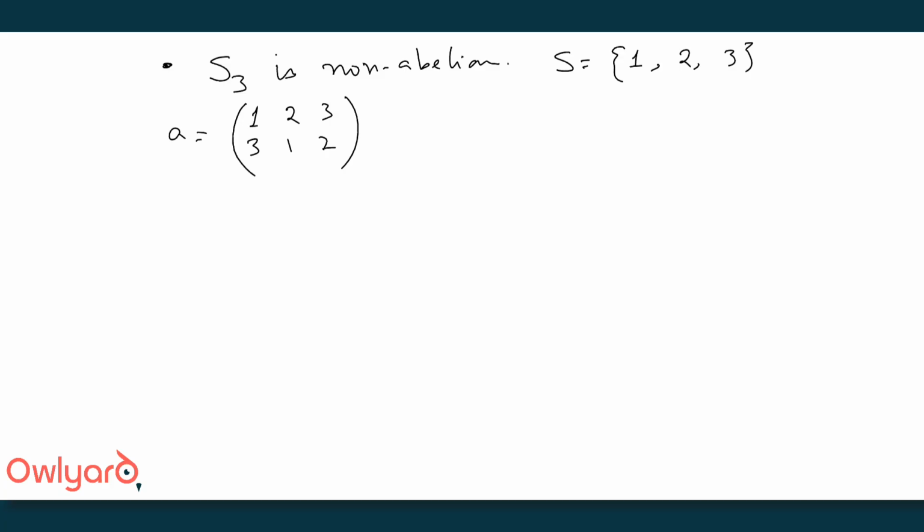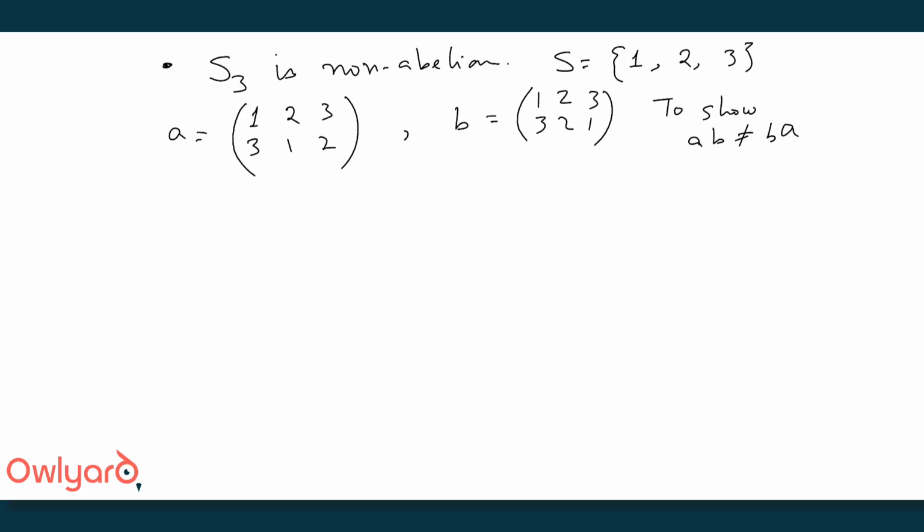So it takes 1 to 3, 2 to 1, and 3 to 2. And let's say B is another permutation that takes 1 to 3 and 3 to 1. We will show through this example that A times B is not equal to B times A.